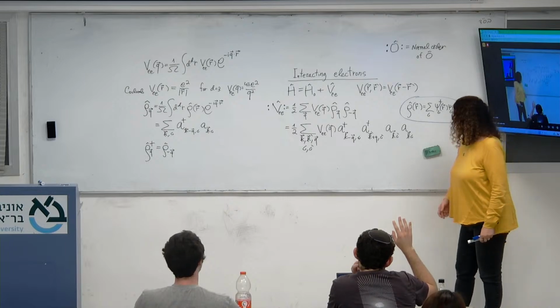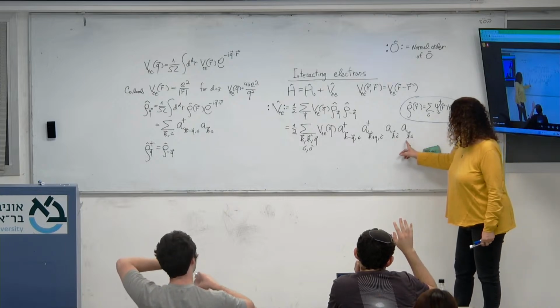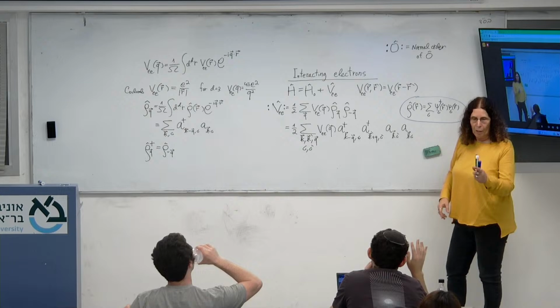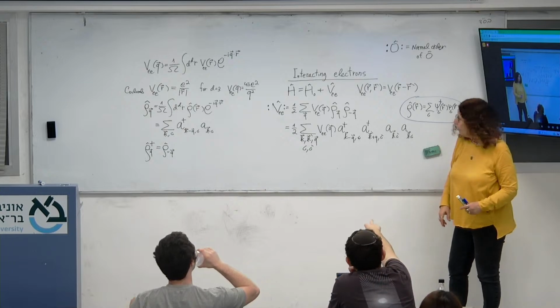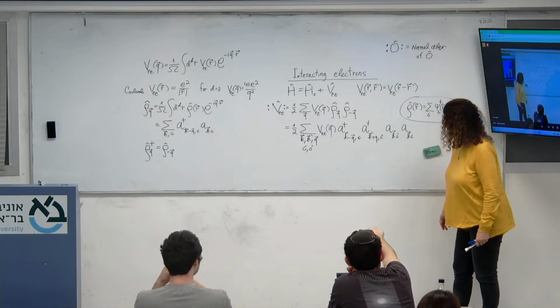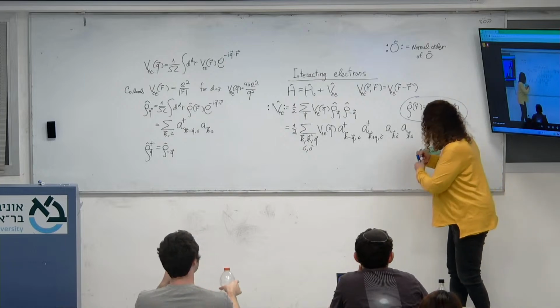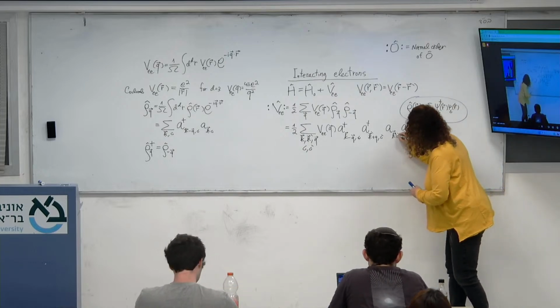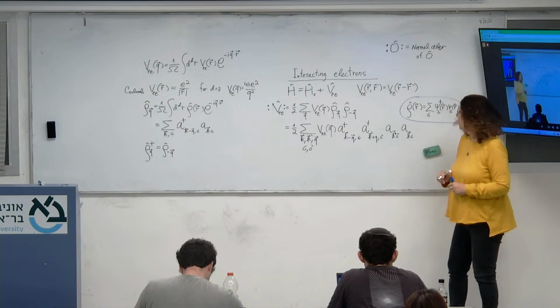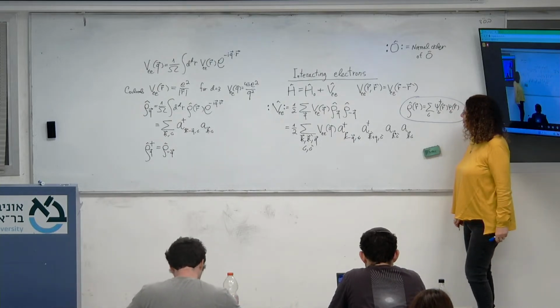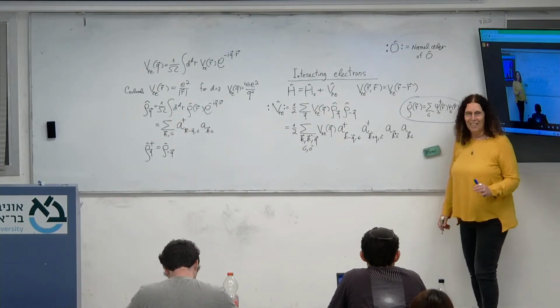Is it K sigma, K prime sigma prime on the annihilation? Yeah, sorry, I forgot the prime. Thank you. You see that you are still alert. That's good.